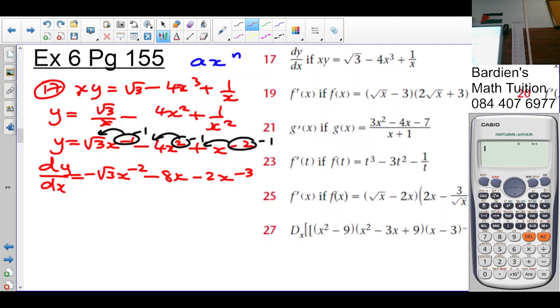And the question says you must write it with positive exponents. Not so? So the x has to go to the denominator, so it's negative root 3 over x squared, minus 8x to the minus 2 over x cubed. Okay.